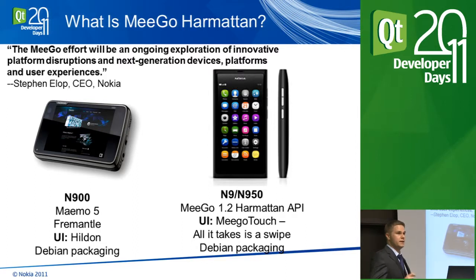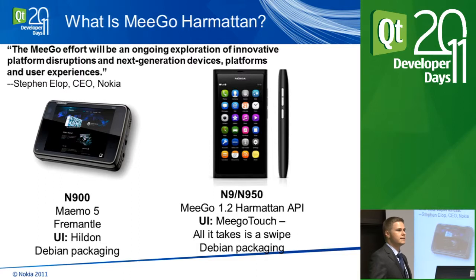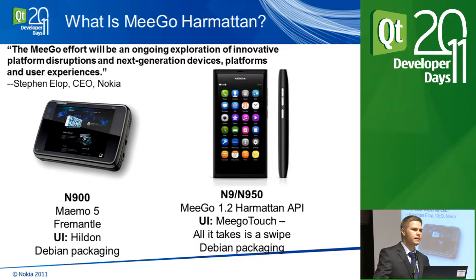Okay, that's about Symbian. But how about these other platforms? There's also MeeGo, and there's Maemo. N900, the Maemo device, is getting a little bit old. It has Qt 4.7, but its release is 4.7.0, which is a little bit dated.